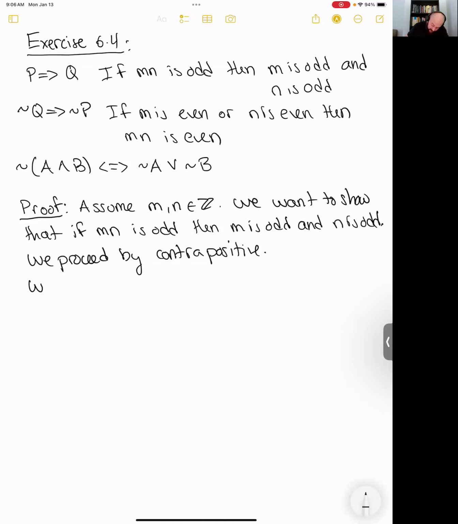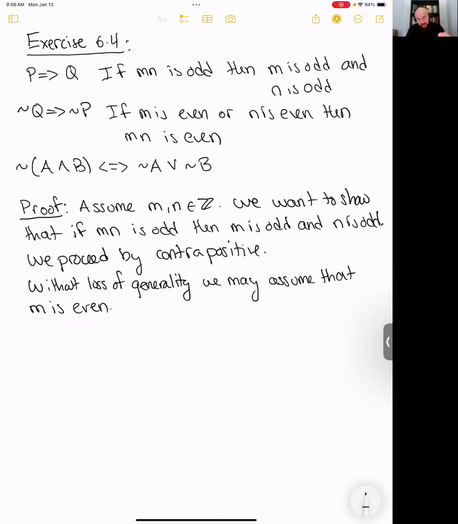So without loss of generality, we may assume that m is even, meaning we need to assume m is even and then assume n is even, but we're only going to do one of them because it's the same for both.